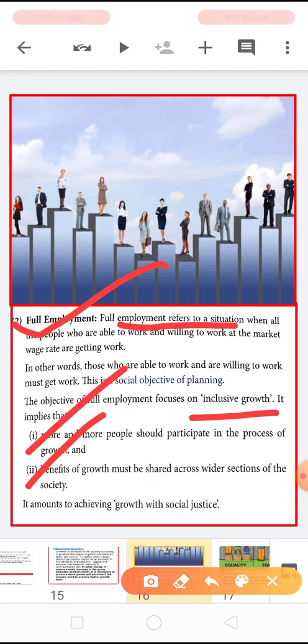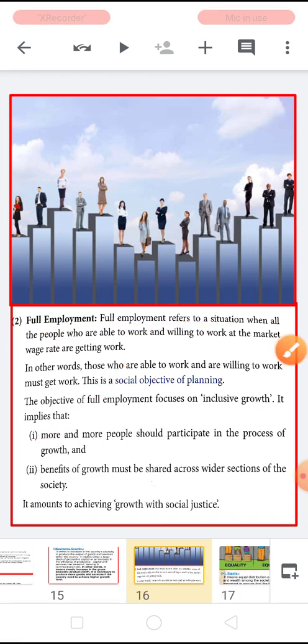Everybody is getting money to live a standard life, and once they start earning, they can go into the market and demand various goods and services. So in that way also the GDP of our economy increases. So this was a major focus of the five-year plans in India.